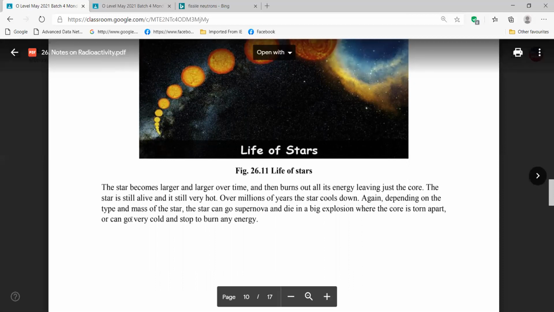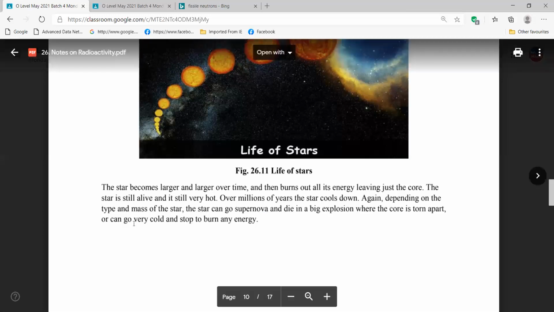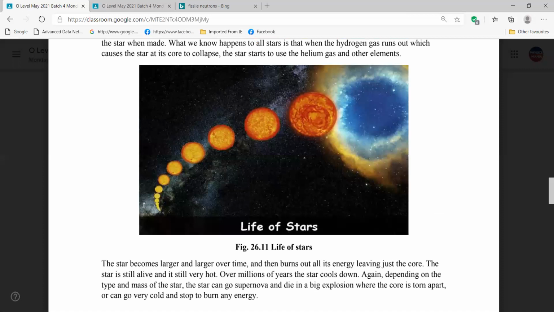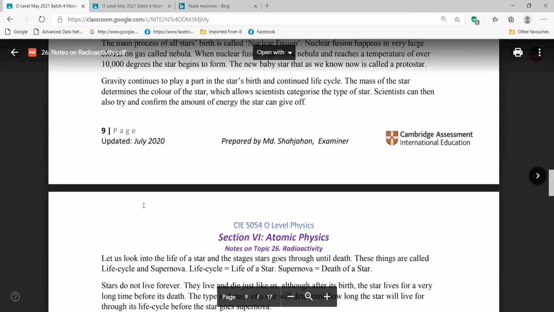Depending on the type and mass of the star, it can go supernova and die in a big explosion where the core is torn apart. So two things here: one is type and mass of the star. At the beginning, we got here one thing. Look, the mass of the star determines the color of the star.